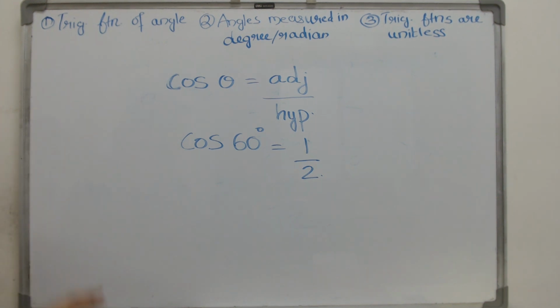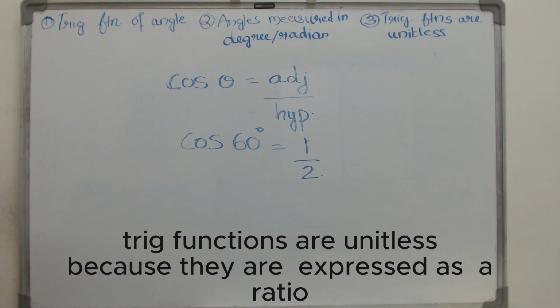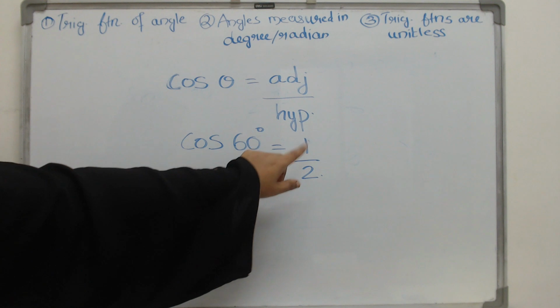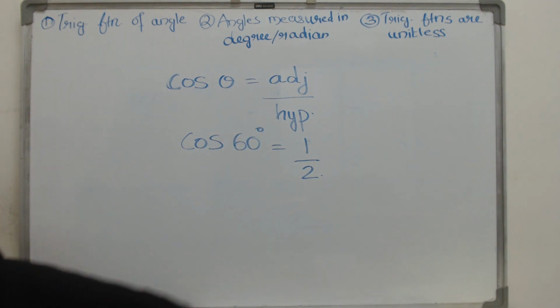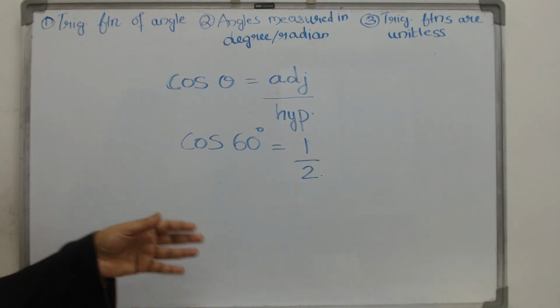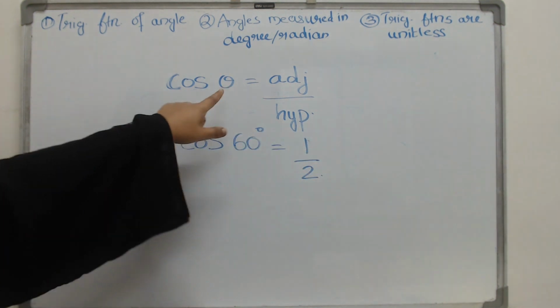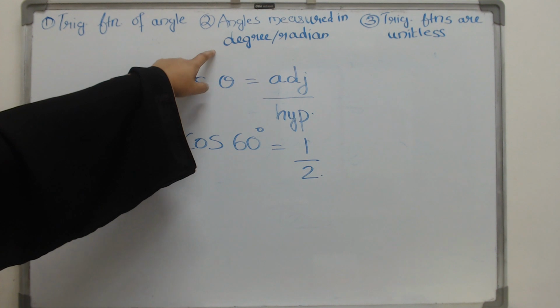All of your trig functions, sine, cosine, tangent, all of them are unitless. What do we mean by them? Their answer will be a plain number. You will not see any kilometer, meter or degrees or radians. You will not see anything next to it. Your angle is measured in degree or radian.